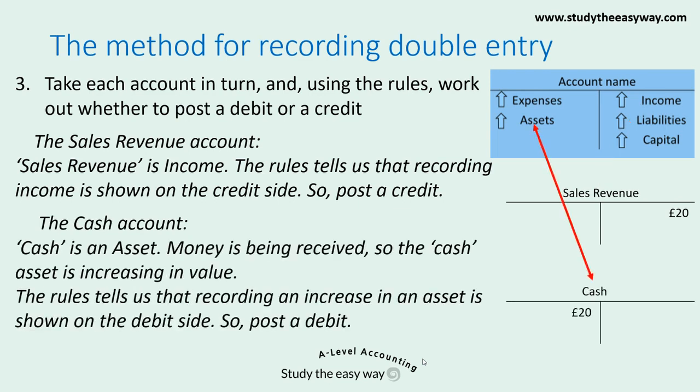Cash is an example of an asset category account. Money is being received, the £20 note, and so the cash asset is increasing in value. The rules tell us that recording an increase in an asset is shown on the debit side, so we post a debit.